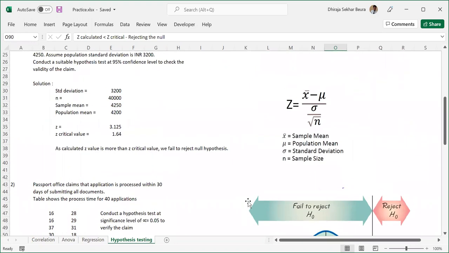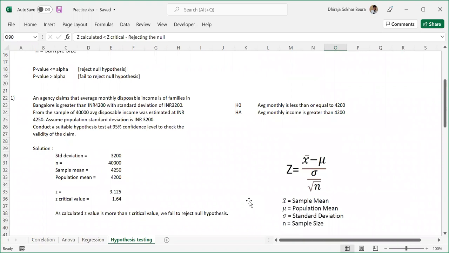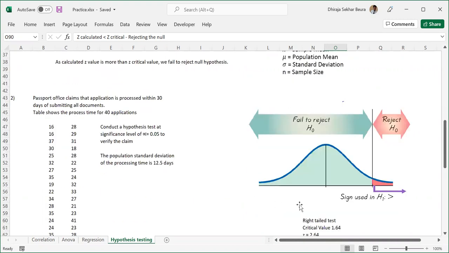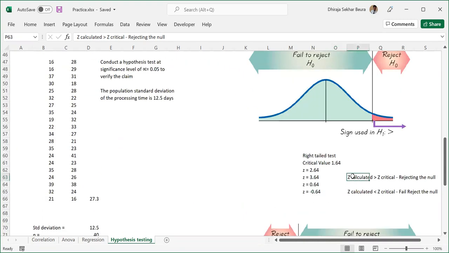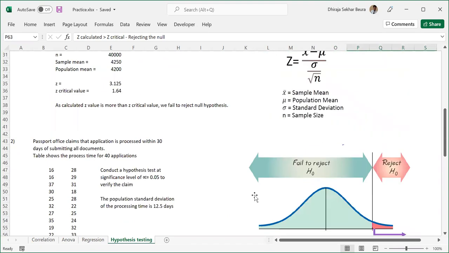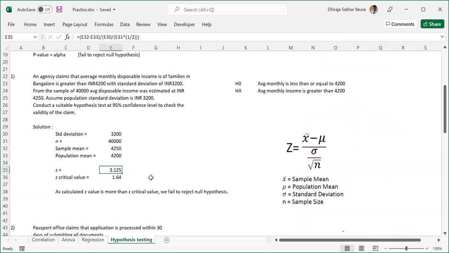Here, as I said, whenever a more than hypothesis is coming into picture, that is a right tail test. So right tail test means if Z calculated is more than Z critical, in that case, reject the null hypothesis, which is the case here. Now your Z calculated is 3.125, Z critical is 1.64. That means we are rejecting the null hypothesis.